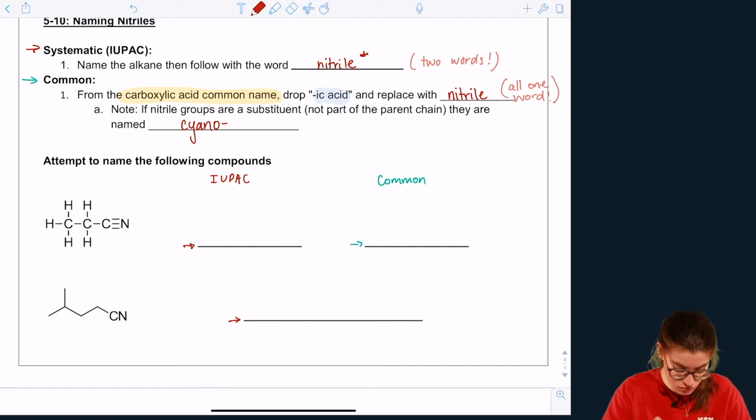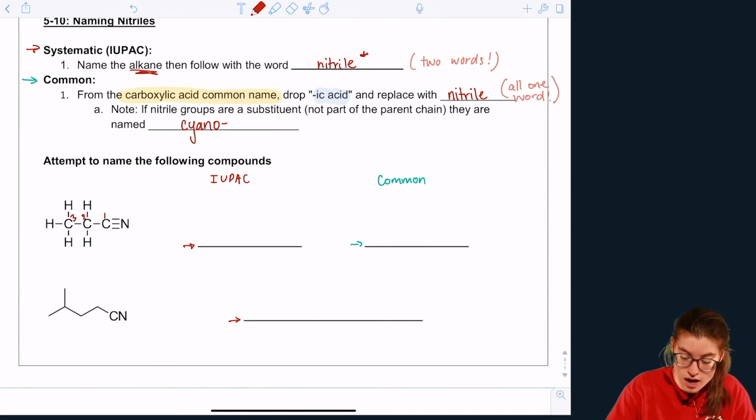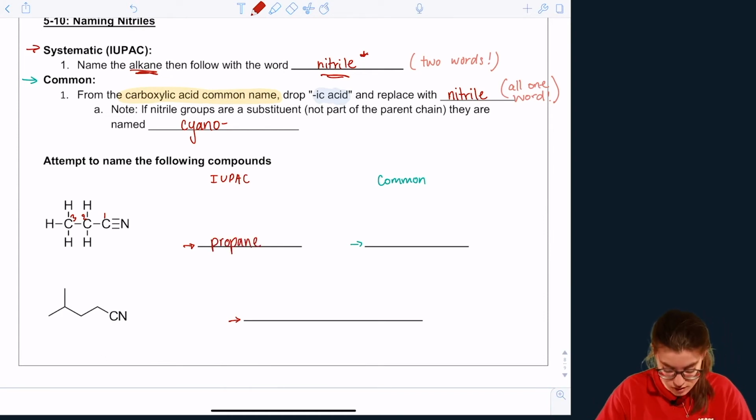So for this first one, we've got 1, 2, 3 carbons. Remember, for the systematic way of naming, we name the alkane followed with a separate word, nitrile. So this is propane, and then a new word, nitrile. Okay, propane nitrile. Pretty easy, I think.